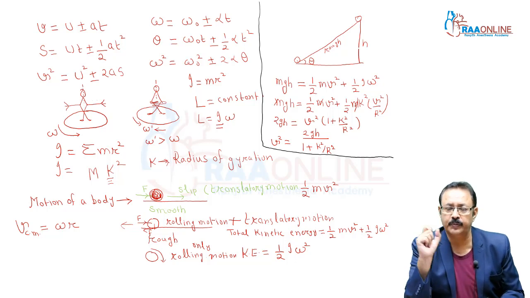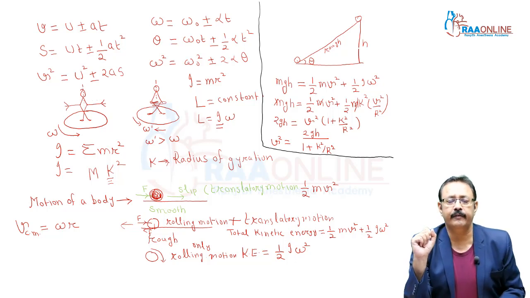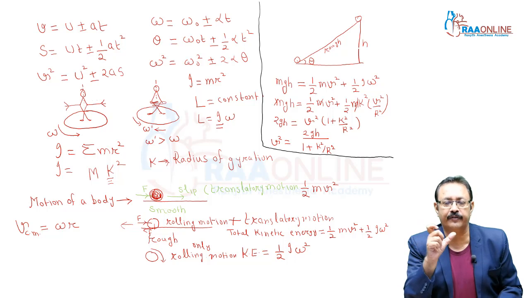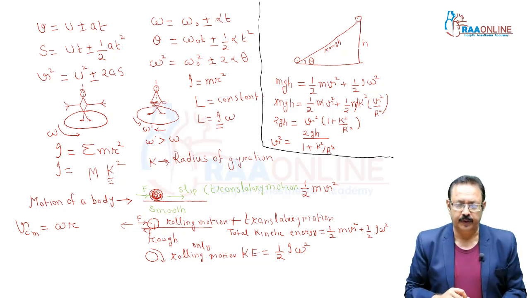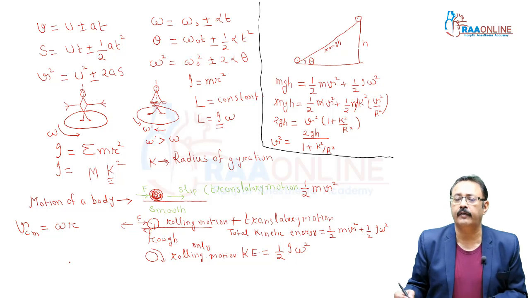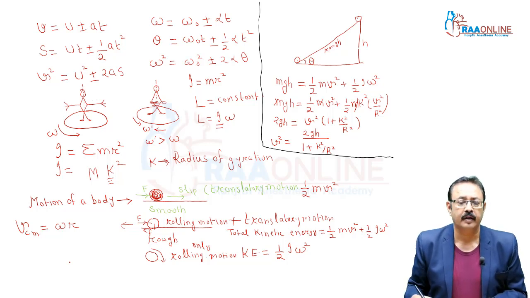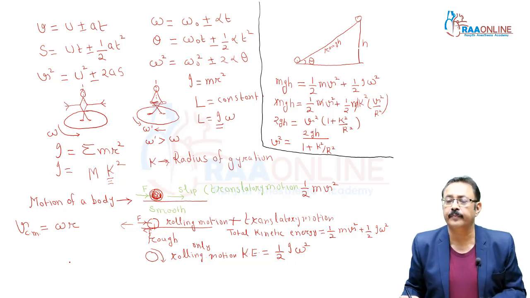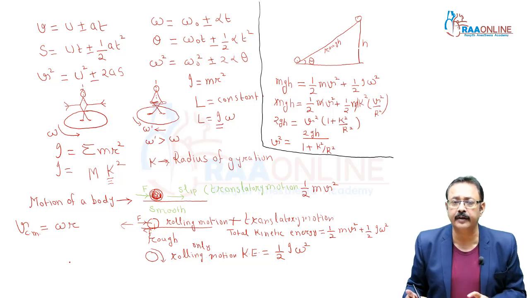It will move slow. So in this way we can calculate who will reach first. So in competitive exams we have to keep in mind, which has more value of k, that will reach last.